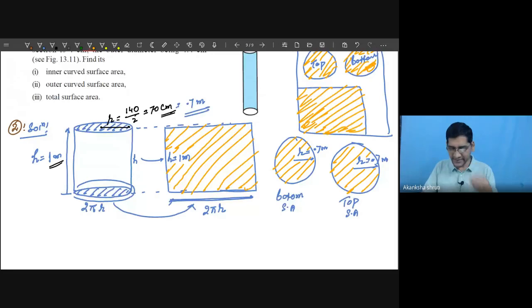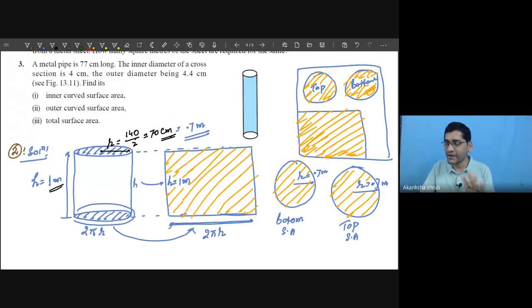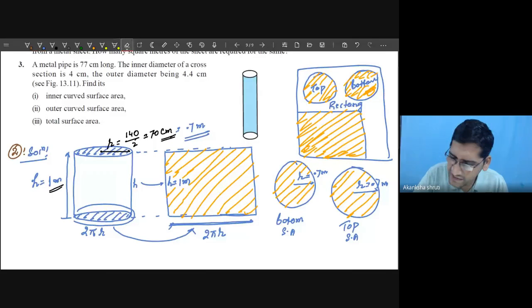You have to just understand. You must analyze rather than just mugging up. We have taken this rectangular sheet, or you may just write it as the metallic sheet, from which this is to be cut.